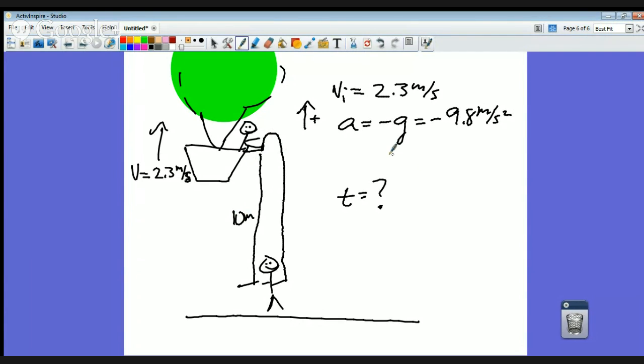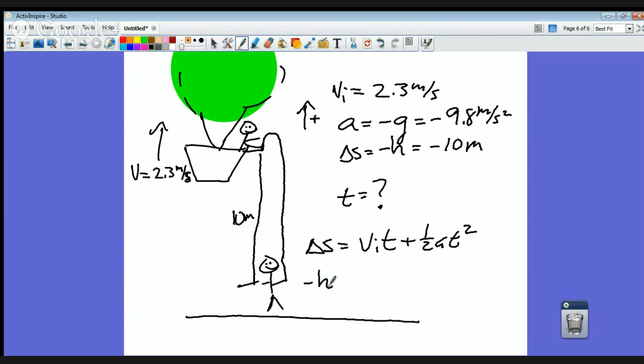So we've got delta s is going to be, I'll call it negative h, and that's going to be negative 10. Okay, so I've got the change in position: delta s is equal to vi t plus 1/2 a t squared. If we start substituting things, we get negative h, we get vi t, and we get negative 1/2 g t squared.